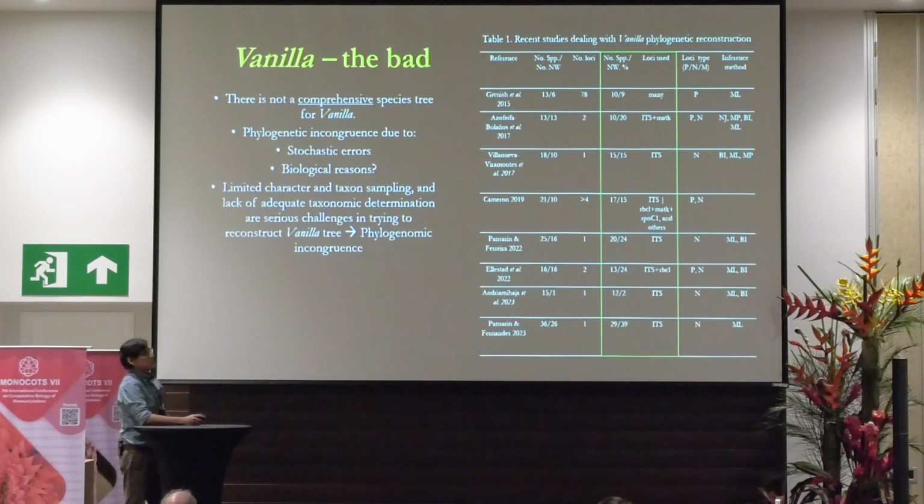This is due to two big sets of reasons: stochastic errors, also called technical issues, related to limited character and taxon sampling, and also many issues with taxonomic determination. But there is another set of reasons, biological ones, that hasn't been explored yet, like incomplete lineage sorting, whole genome duplication, or hybridization.